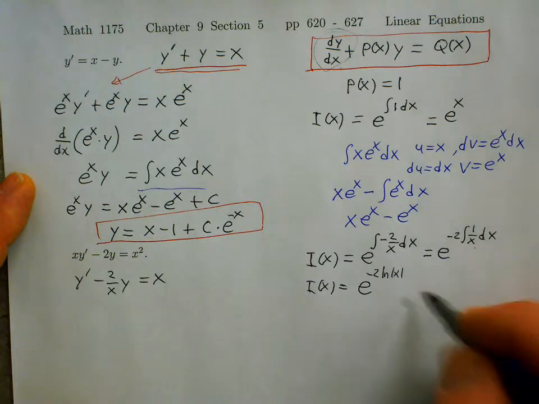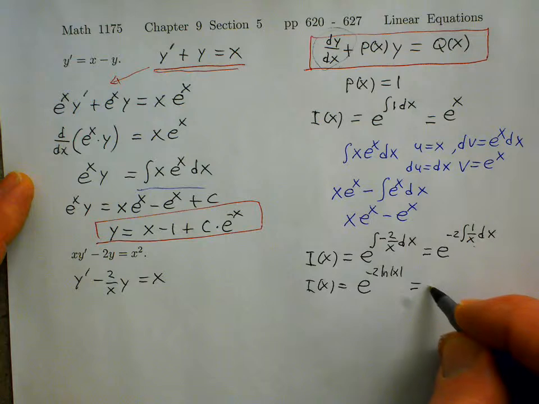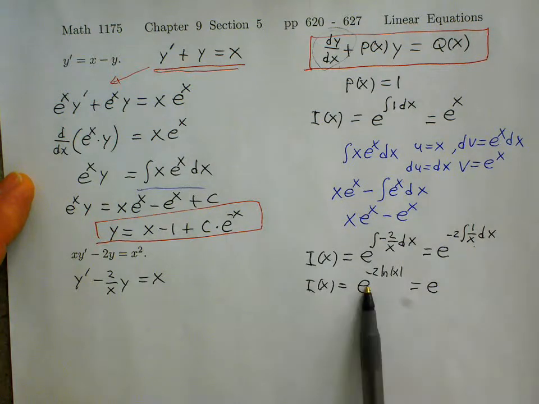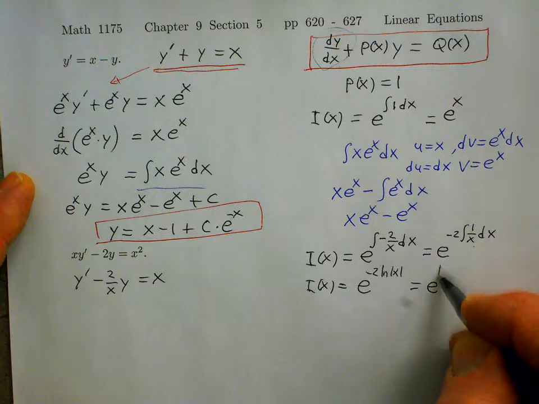And now what? Using properties of logarithms, negative 2 times the natural log of x is the natural log of x to the negative 2.